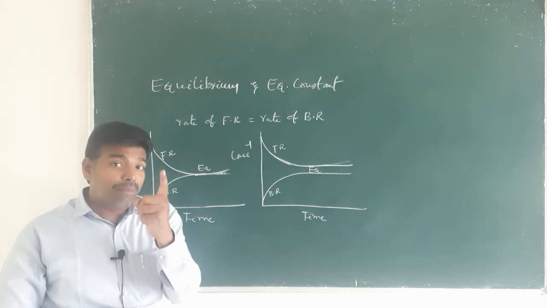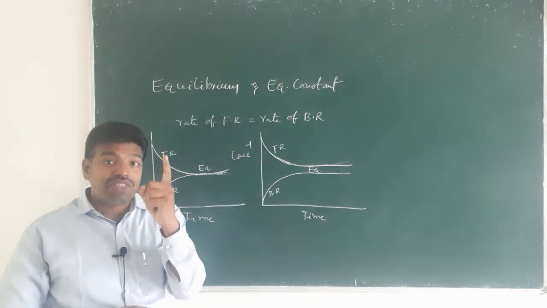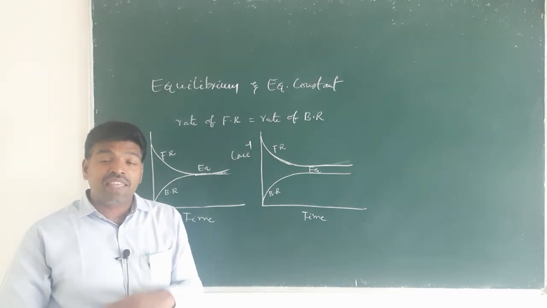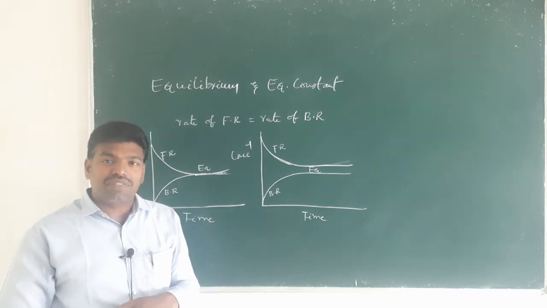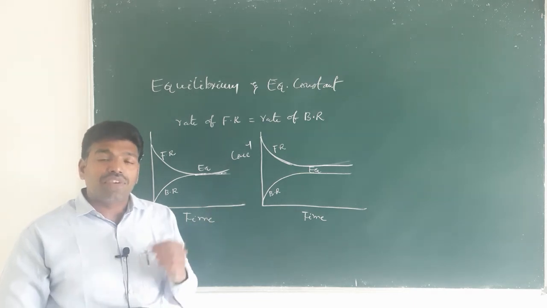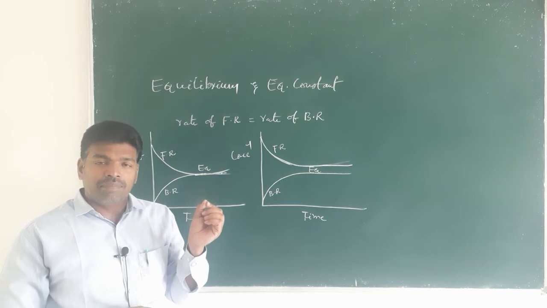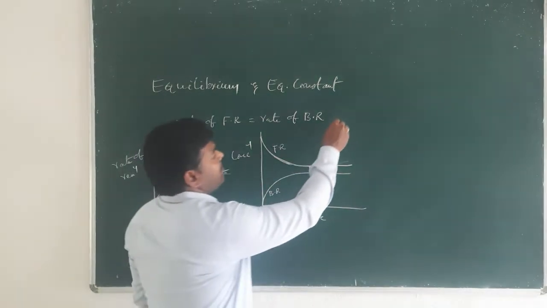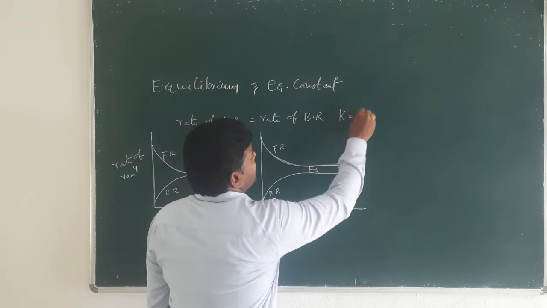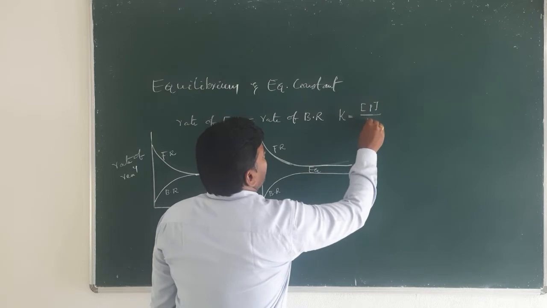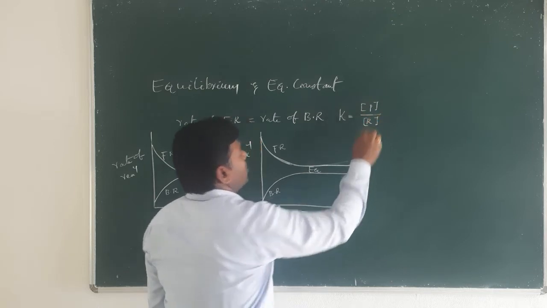And one more important point is that the equilibrium constant allows us to determine the equilibrium concentrations of the products and reactants. The equilibrium constant is the concentration of products to the concentration of reactants.